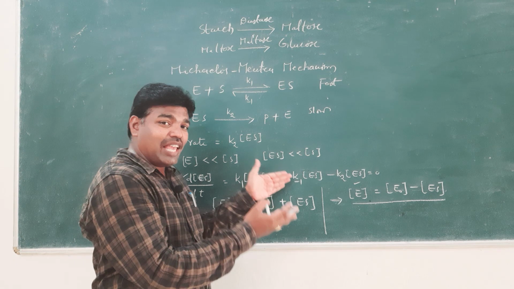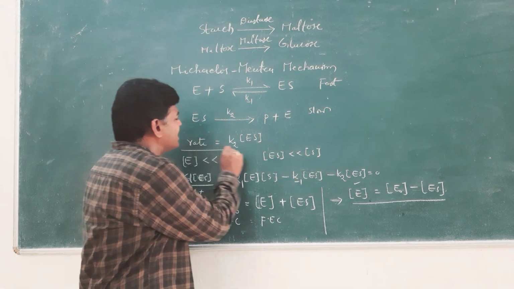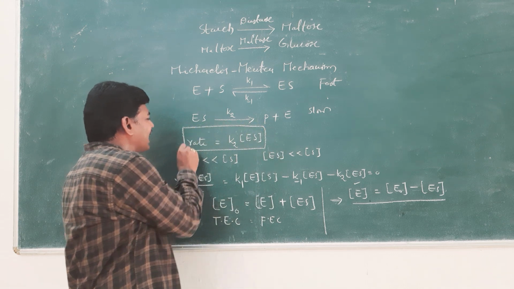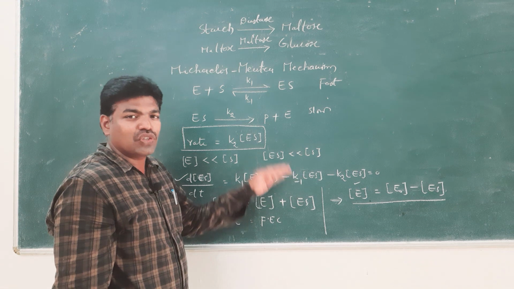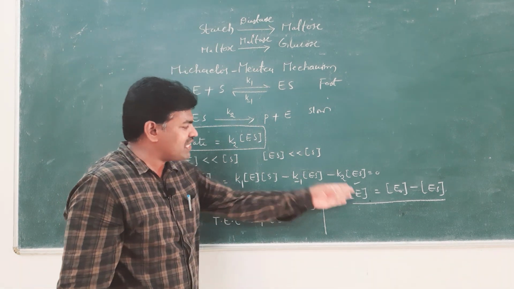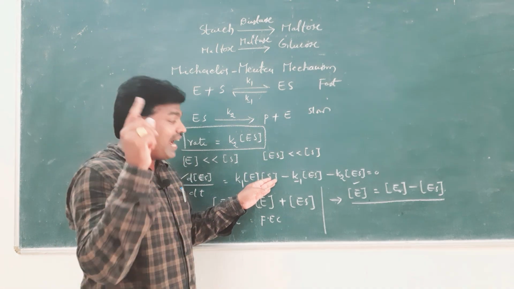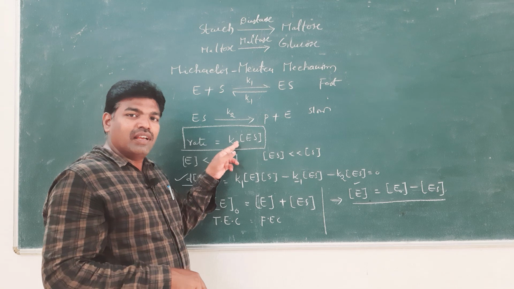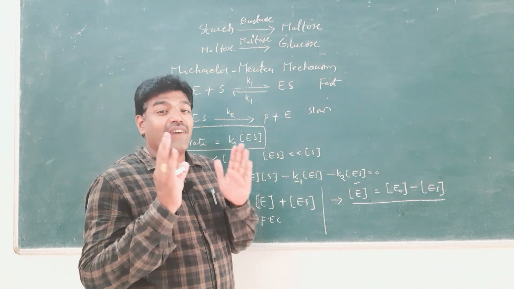When we get the enzyme substrate complex concentration, we can substitute it in the rate equation, and after simplifying, we get a final equation.